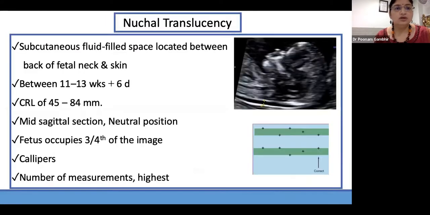And I feel this is itself a different topic to talk about in detail, NT, but with the background that NT should be measured in the mid-sagittal position at a CRL of 45 to 84 mm, between 11 to 13 weeks 6 days of gestation, with the fetus occupying 3/4 of the screen, with proper placement of the calipers, and more than one measurement should be taken.